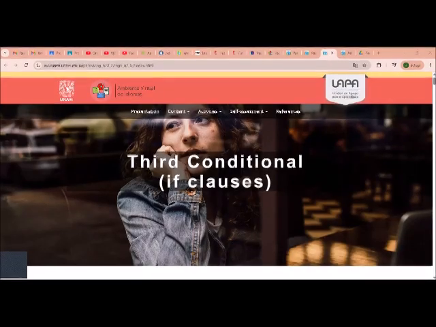We didn't focus too much on the second conditional, but the second conditional is the first of what we call our unreal conditions. And that one was looking specifically at if I had an idea, what would be the result of this idea? And those are what we call hypothetical situations.